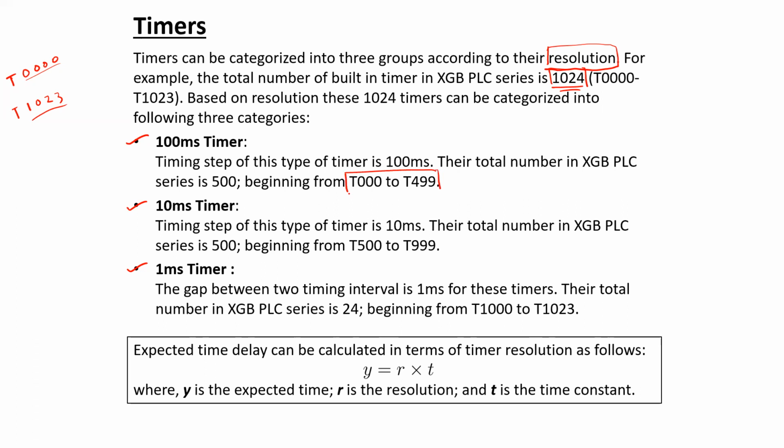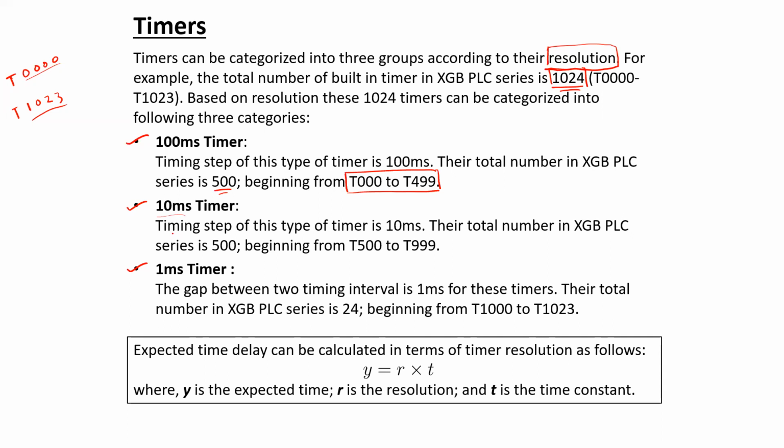The timers that have 100 millisecond resolution have addresses from T000 up to T499. So 500 timers are available with 100 millisecond resolution.